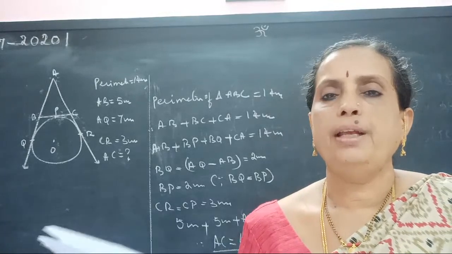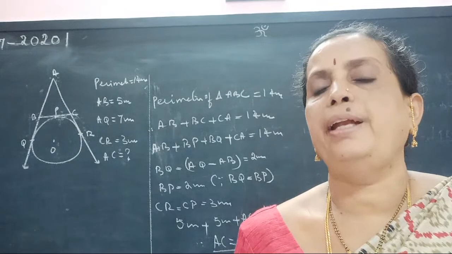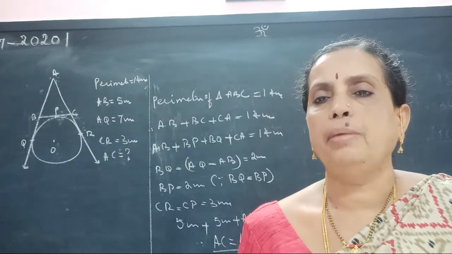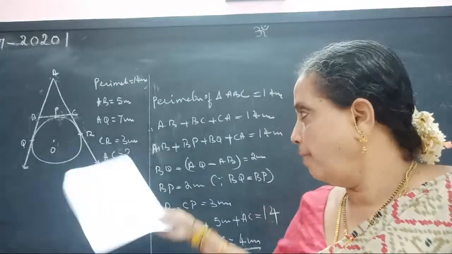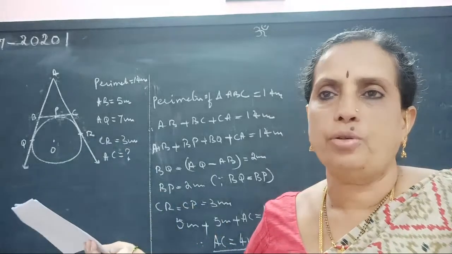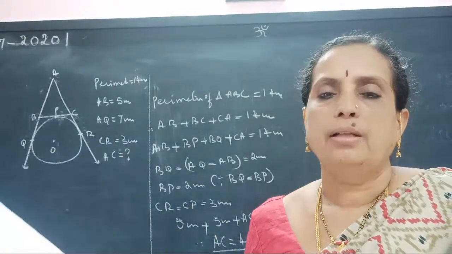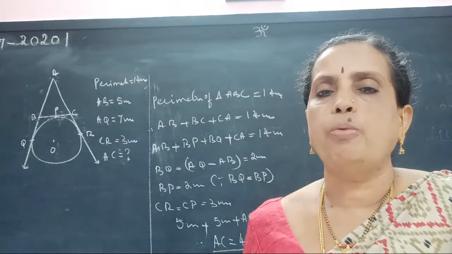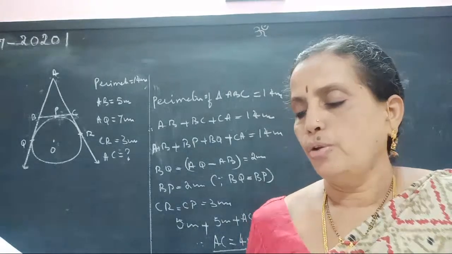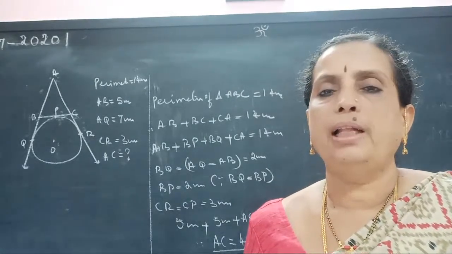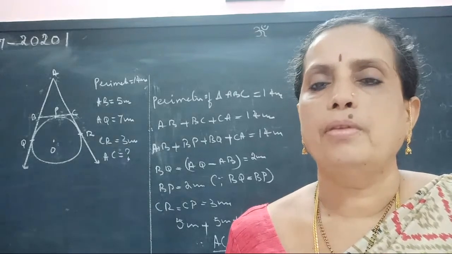So AD equals 15 minus 8, it is 7 centimeter. Like the previous two problems, we have done the condition sum of the opposite sides are equal. Using that, you can find the length of AD.